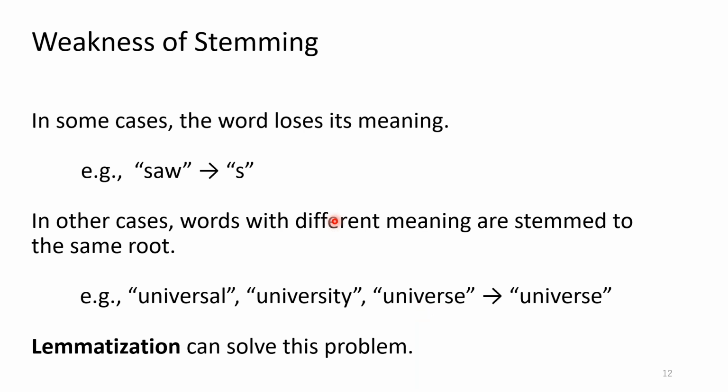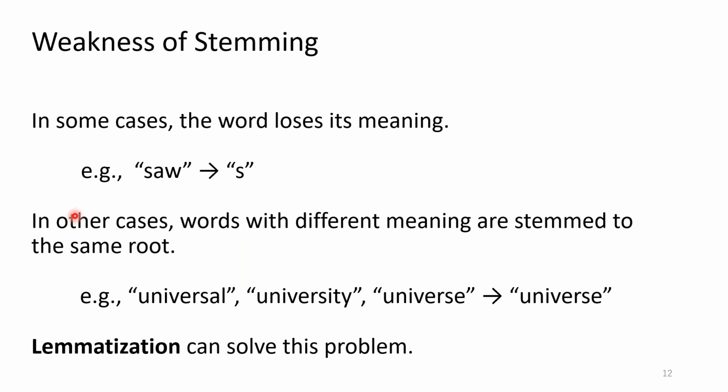For example, in the case of the word saw, as in "she saw", stemming regards a and w as the word suffix. So stemming removes a and w, and then saw becomes just s. Of course, s is not a word, so by stemming, saw loses its original meaning.